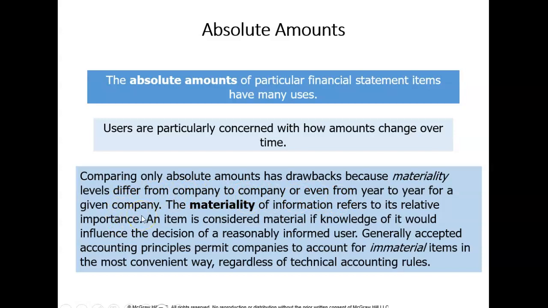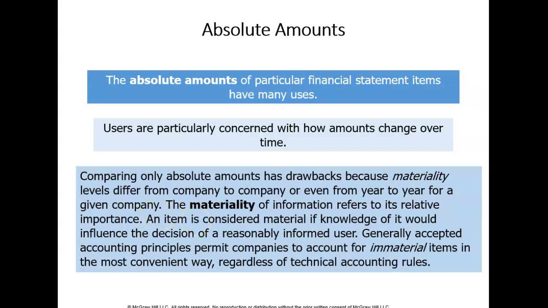Now let's take a step back. What do we mean by materiality? Well, materiality refers to information that has a relative importance. So we're saying information is material if it has an impact on your decision making process.